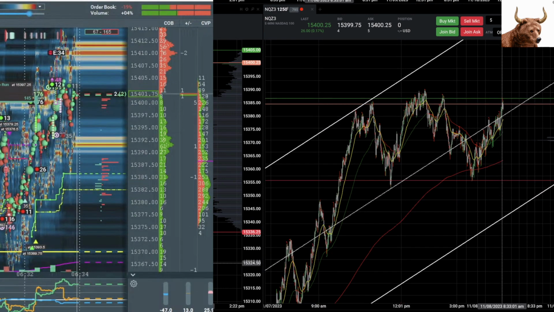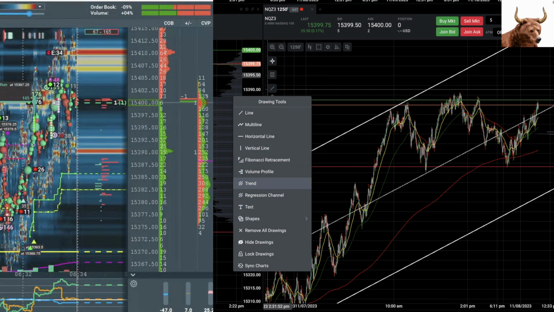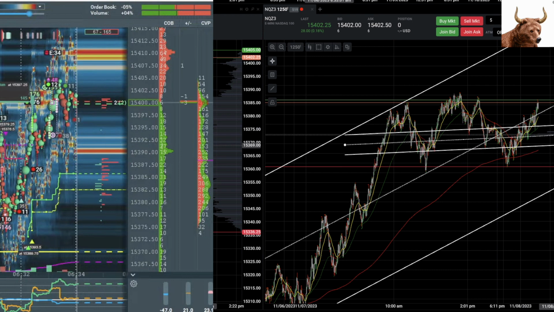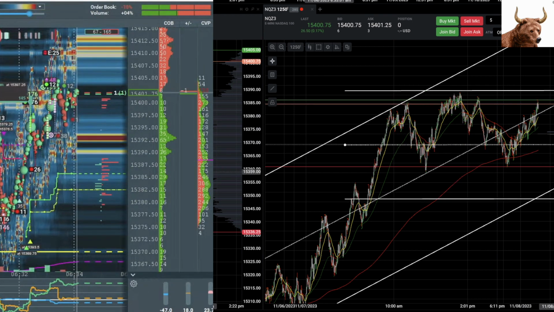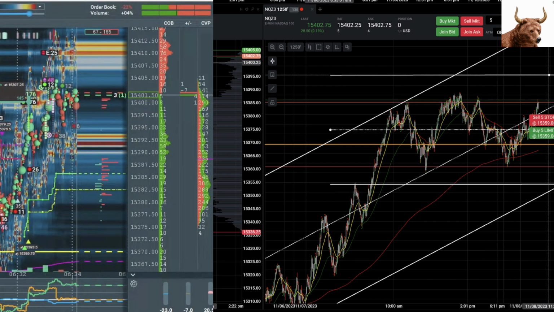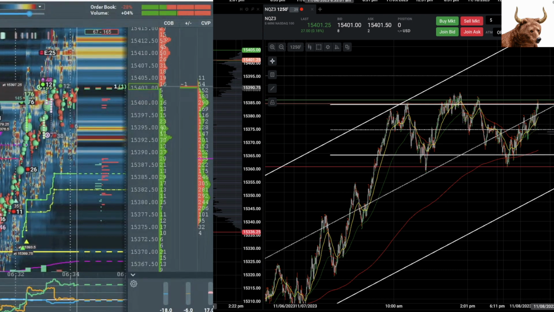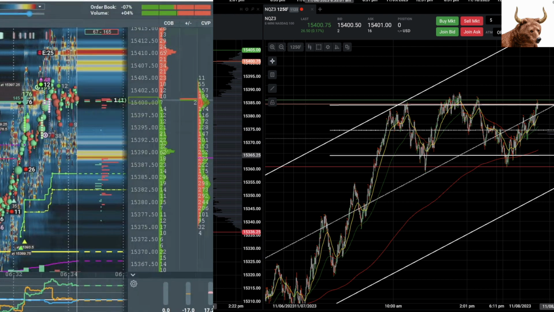And just so we can look at all of that on one chart, I will draw a channel. There we go. And that's essentially how we mitigate risk.